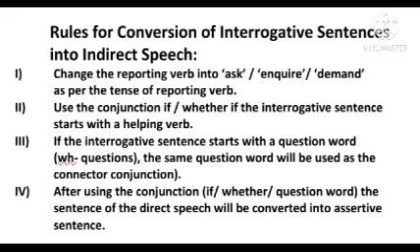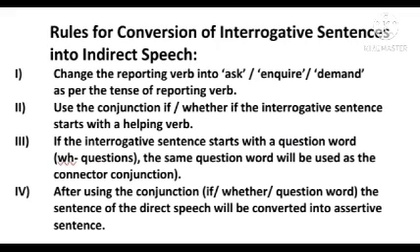Here we'll apply the conjunction if or whether, in which case the interrogative sentence starts with a helping verb, that is, it is a yes-no type question, like "Do you play cricket?" If that kind of sentence is there, then we'll use the conjunction if or whether.